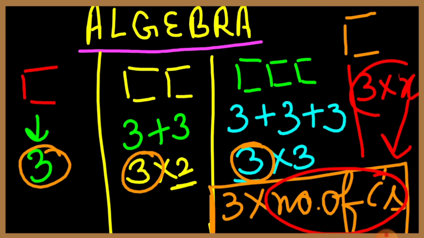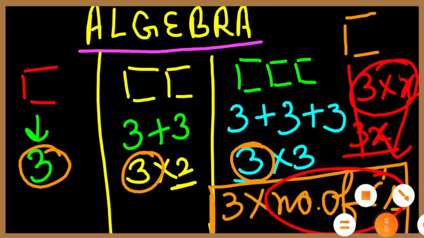This is the rule to count the number of matchsticks in the pattern of C. The 3 into x will be written as 3x only, right? 3 multiplied by x will be written as 3x. So this was all about how to make a rule to count the number of matchsticks in any pattern. Thank you and have a nice day.